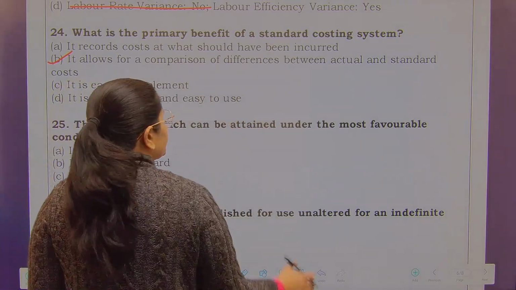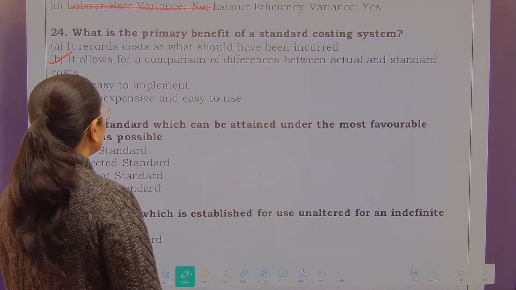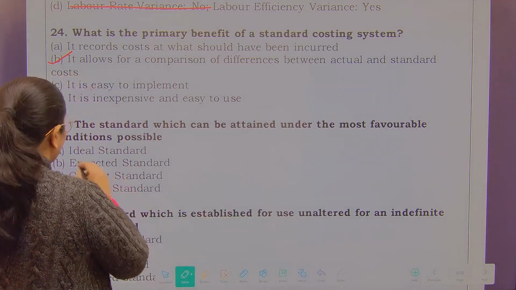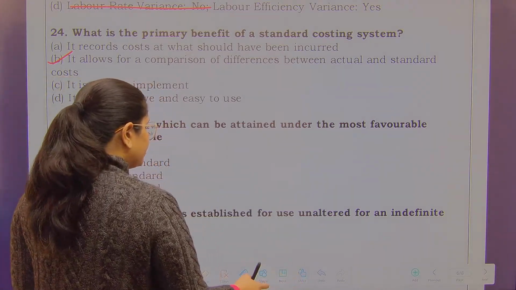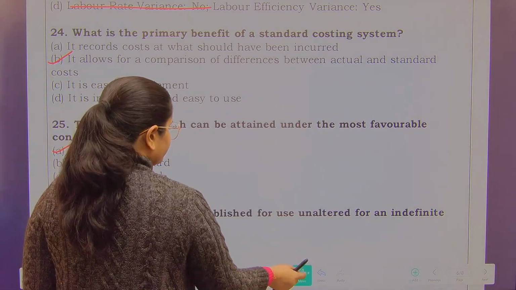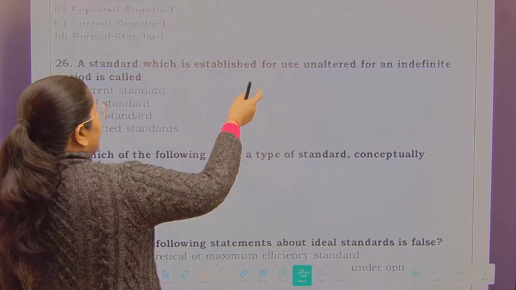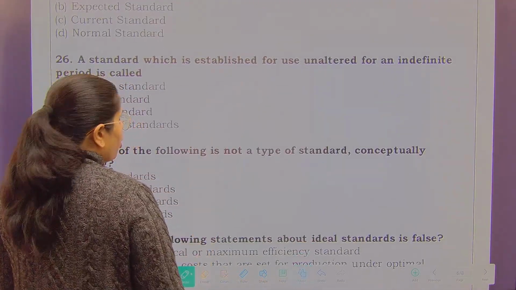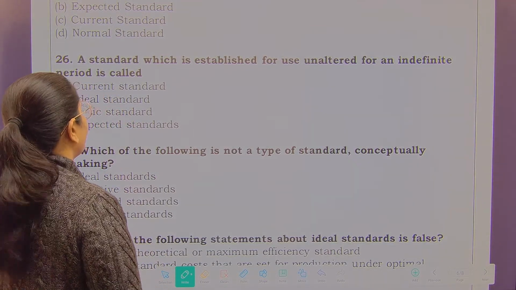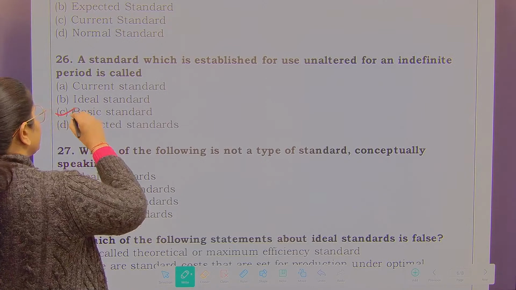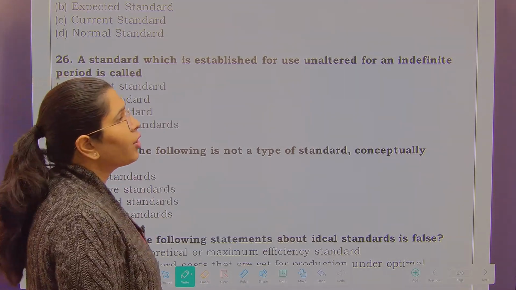The standard which can be attained under the most favorable conditions possible. Again, this is the ideal standard. Next, a standard which is established for use unaltered for an indefinite period is called the basic standard. We have already talked about it.